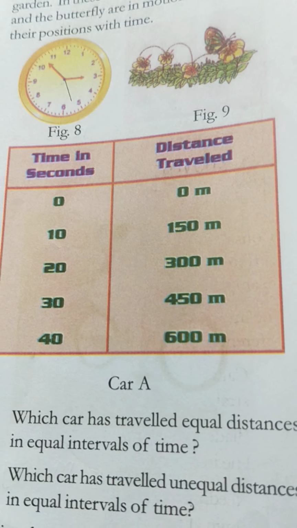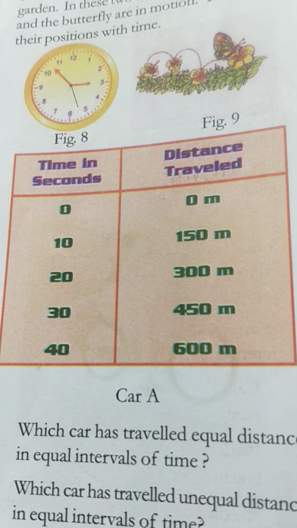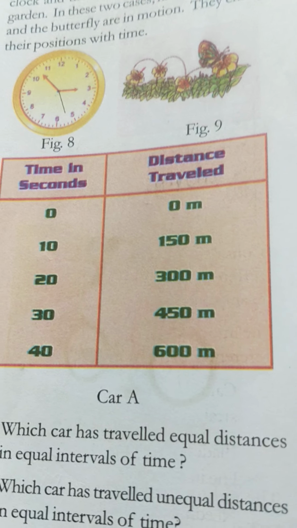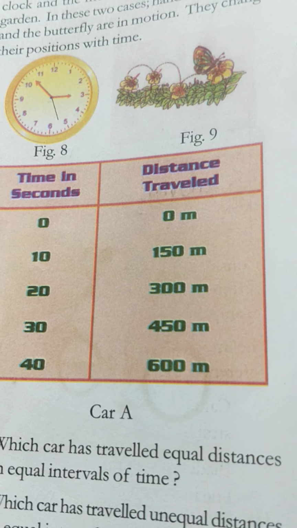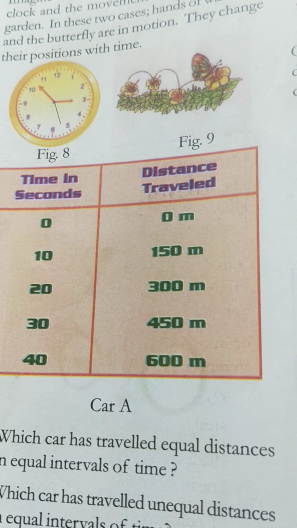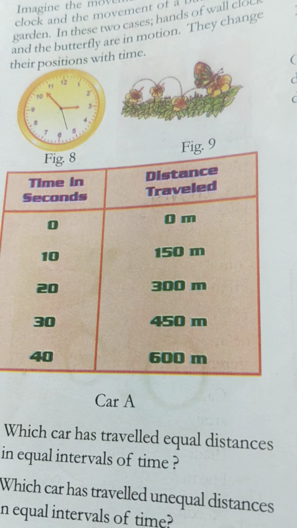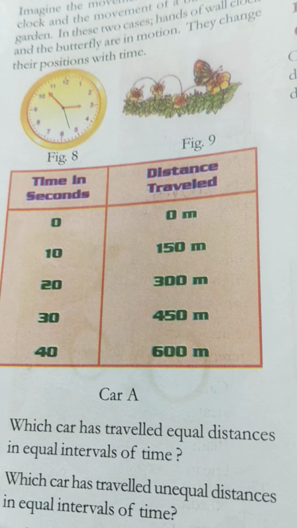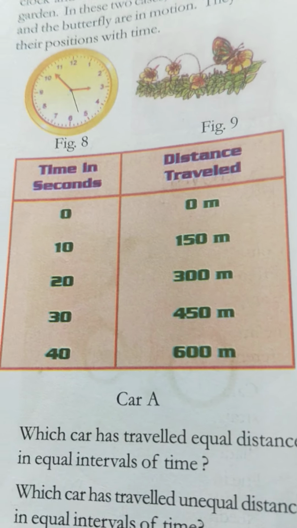So every time it changes by 150 meters. For example, 0 to 150, 150 to 300, 300 to 450 means the difference is equal, the interval of time is equal, that is 150. So it is called uniform motion.